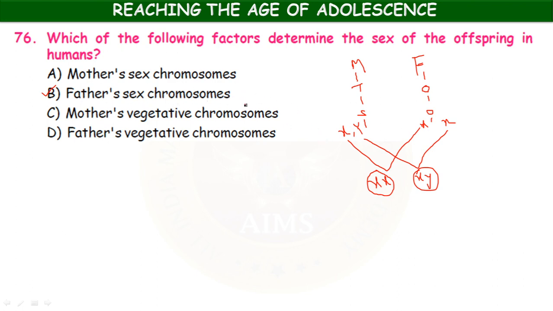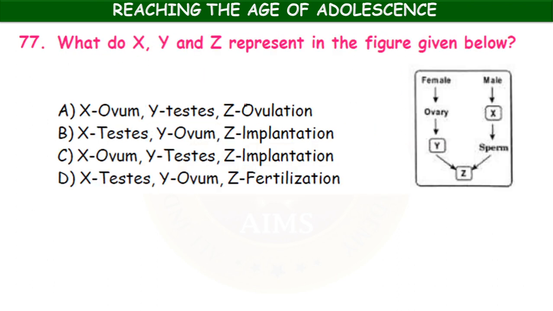Next, what do X, Y and Z represent in the figure given below? Here a figure is given: the female, ovary, here Y; the male, X, spermatozoa; and both finally Z. So here the production of gametes and the fusion of gametes, that is fertilization, is shown in this image. So the ovary produces ovum.